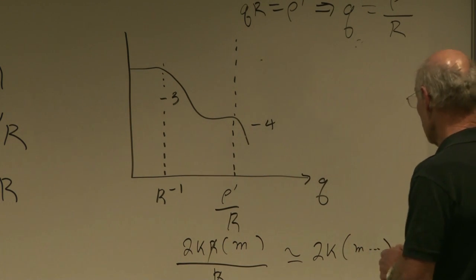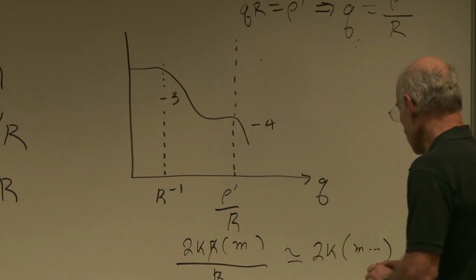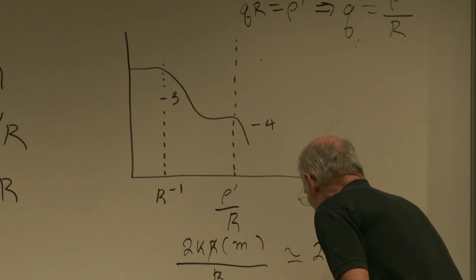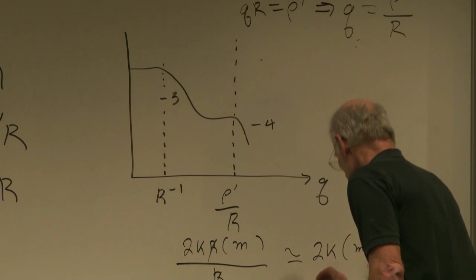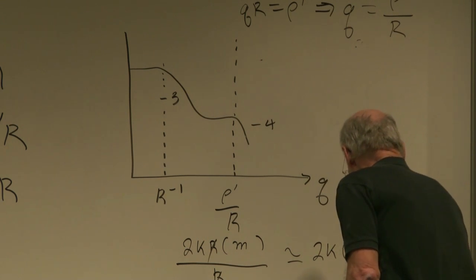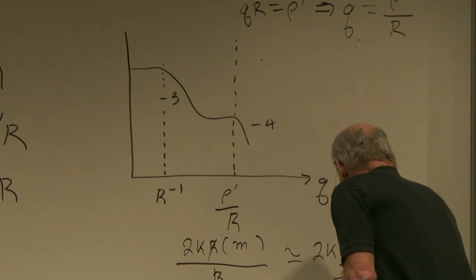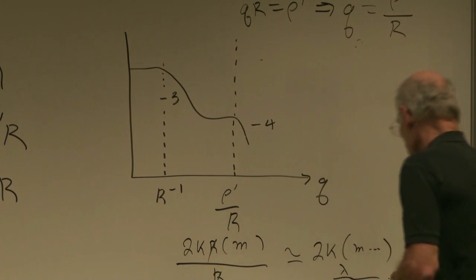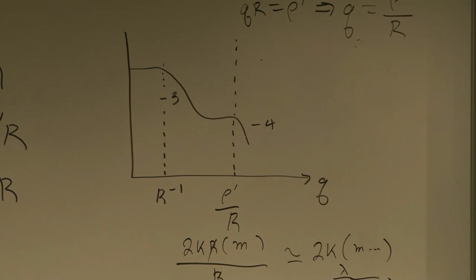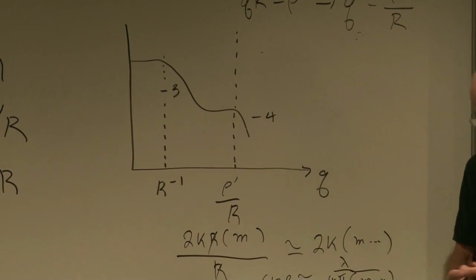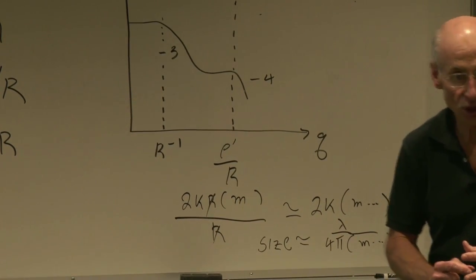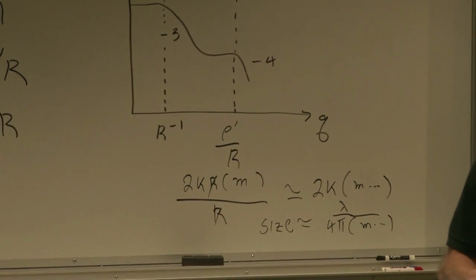So I have to invert this to get a length scale. Let's call it the size of whatever this is. It will be something like lambda over 4 pi, times the index of refraction functionality. So it stays constant. I would conclude that if we double the size, the spot stays the same size, or whatever's causing that thing.